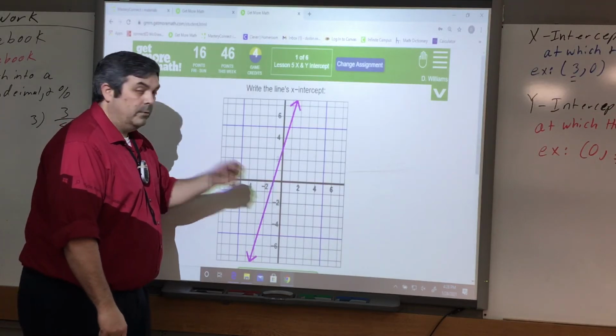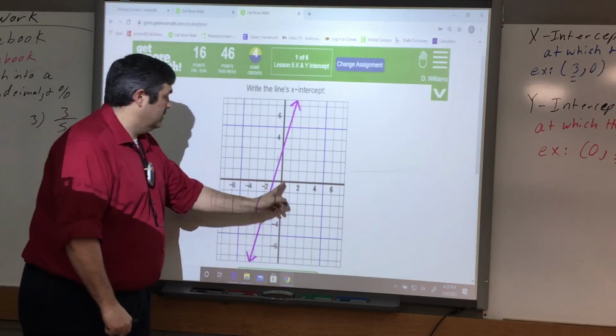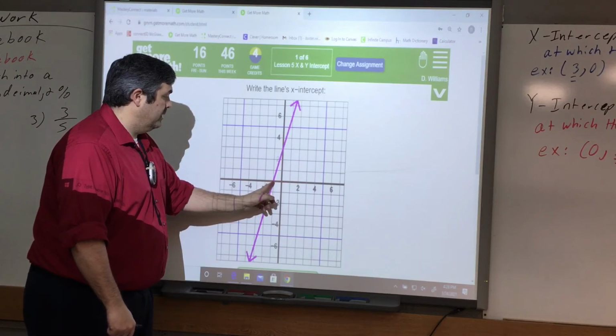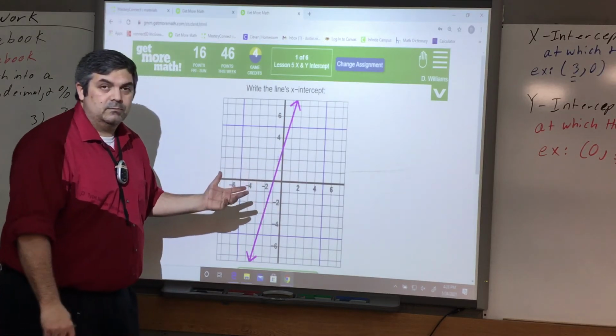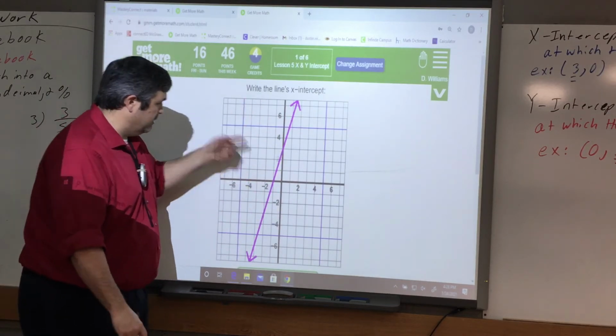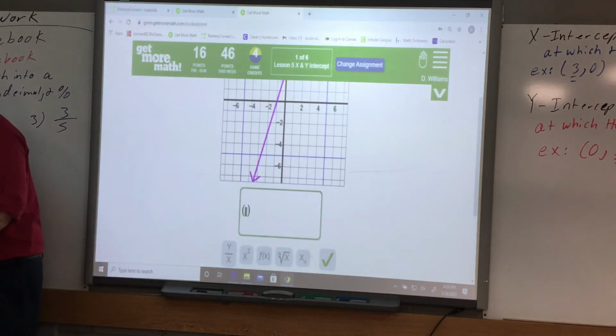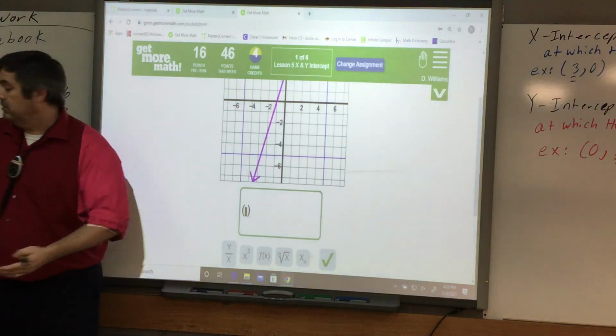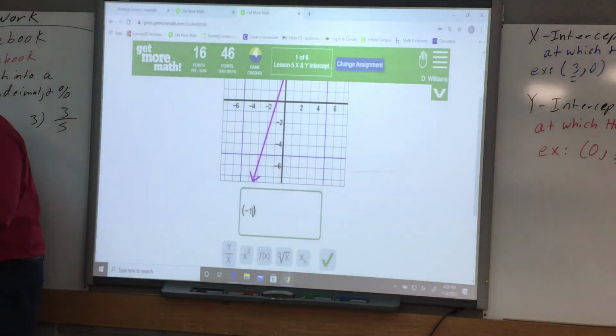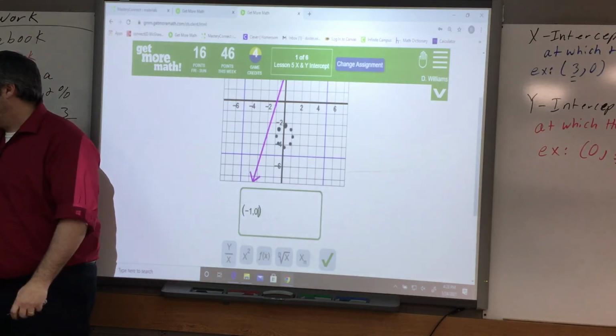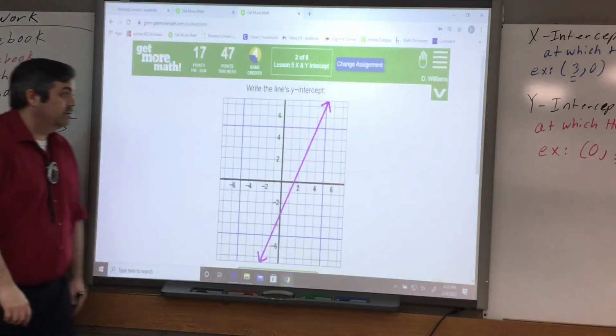Remember you do your x's first, then your y's. -1 and then I don't move. That's right, because otherwise it wouldn't cross right there. So (-1, 0). Remember, got to put it in parentheses. That's all there is to this.